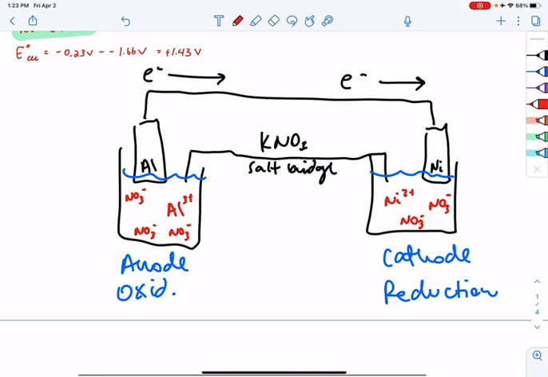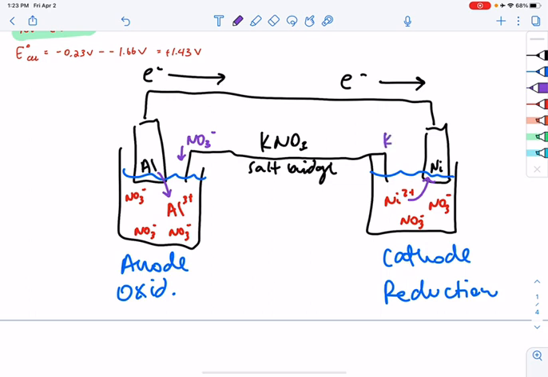So if oxidation is occurring here, that means that solid aluminum is being converted into cationic aluminum, which means that the negative nitrate needs to move in as this solution is becoming more positive. Here, we have nickel 2 plus depositing onto the solid nickel electrode, which means it's losing positive charge in the solution.